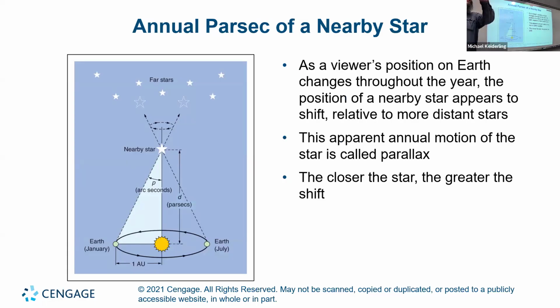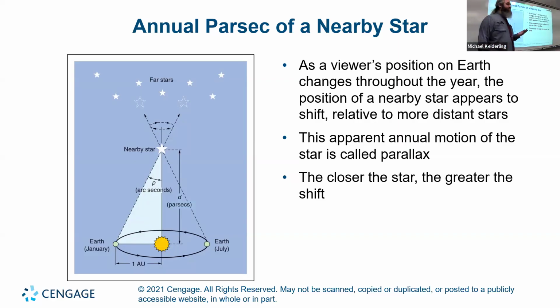If you're looking at something that's near you, for example, if you look at it with one eye and then switch to the other eye, you'll see it appears to move across the background of what you're looking at. The same thing happens when Earth goes from one side of its orbit to the other. The nearer stars appear to move across the background of farther stars.